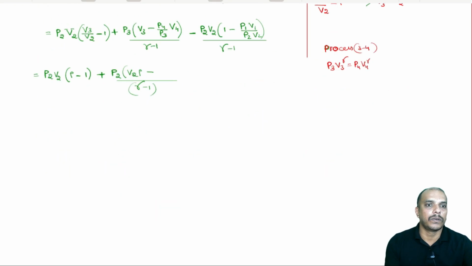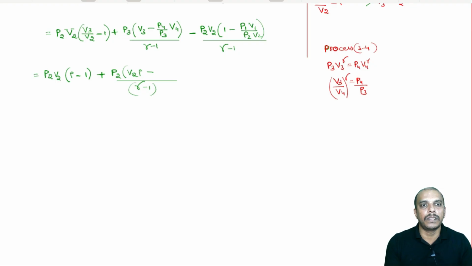Okay. So, process 3 to 4, P3 V3 power gamma is equal to P4 V4 power gamma. So, what we need is P4 by P3. I will have V3 by V4 whole power gamma.